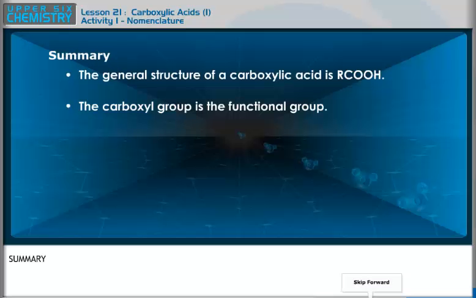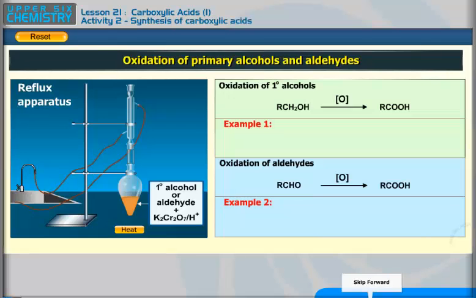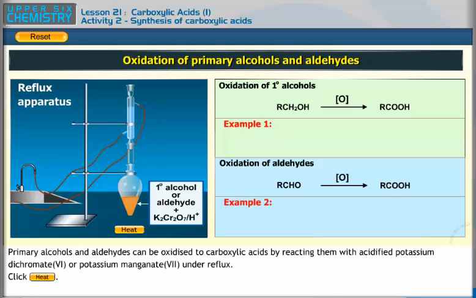Summary. The general structure of a carboxylic acid is RCOOH. The carboxyl group is the functional group. Primary alcohols and aldehydes can be oxidized to carboxylic acids by reacting them with acidified potassium dichromate(VI) or potassium manganate(VII) under reflux.